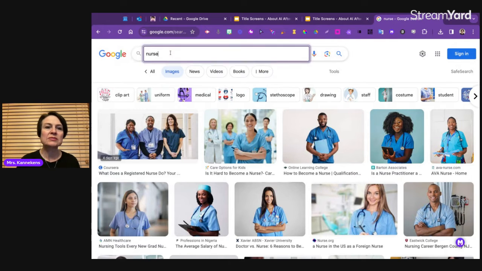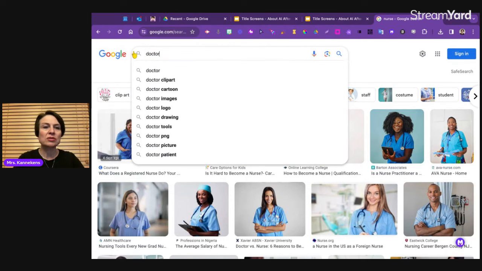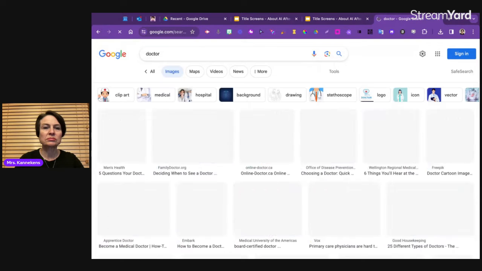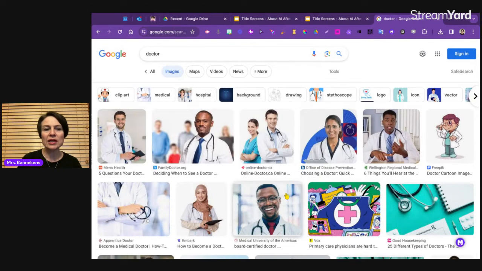Now, let's replace nurse with doctor. And so when we look here, again, the majority of the people in this picture that are searched for doctor are males. You'll notice the lady that's kind of in the center is wearing blue scrubs. She's likely a nurse. And so I think that leaves 2 other female doctors.